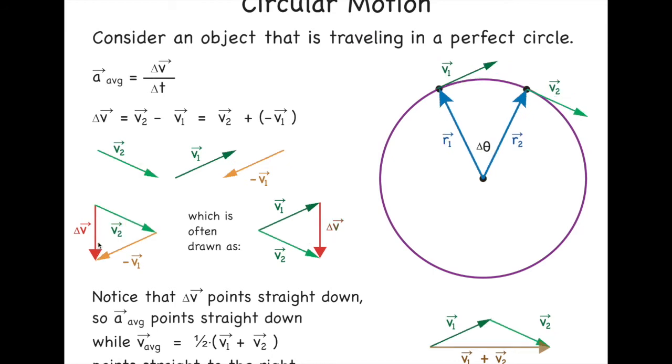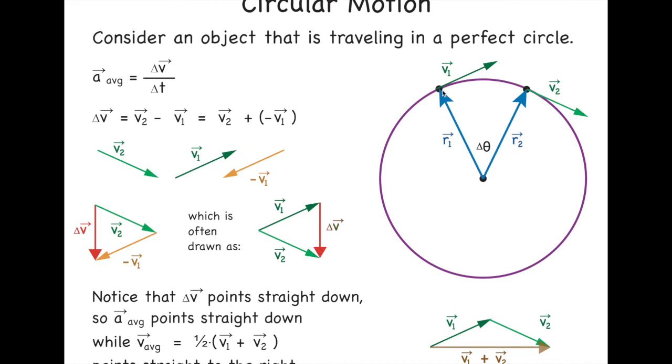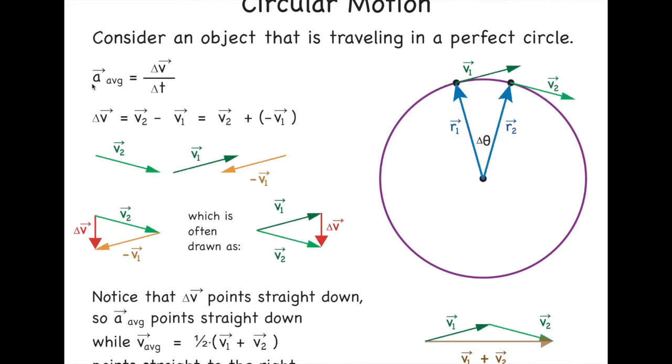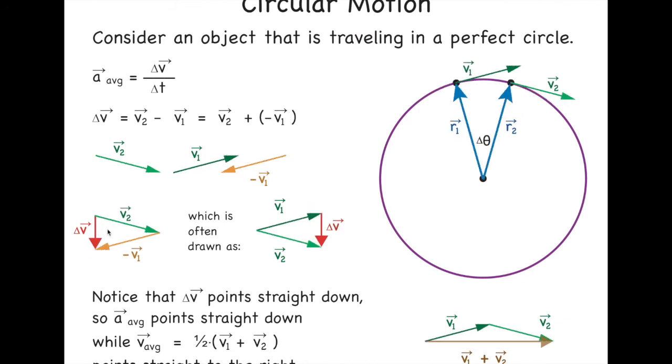It is, of course, a slightly smaller vector than before, but it takes less time to go from here to here than it did to go from here to here, so the average acceleration again is straight down and has the same magnitude because this is now divided by a smaller time. Let's say this is half the size of the other one, then it took half as long to get there.